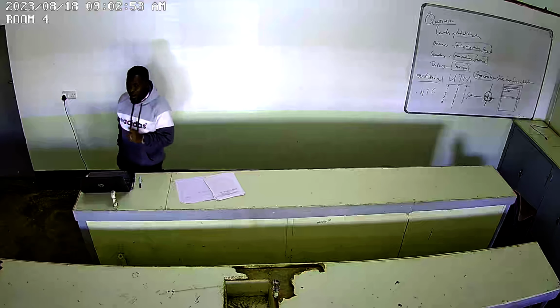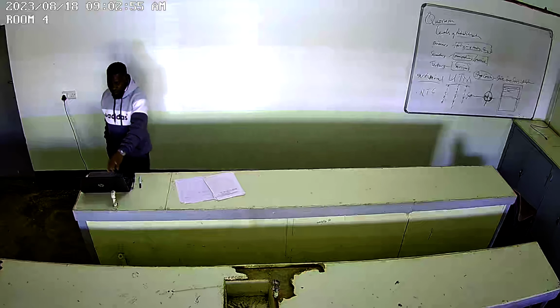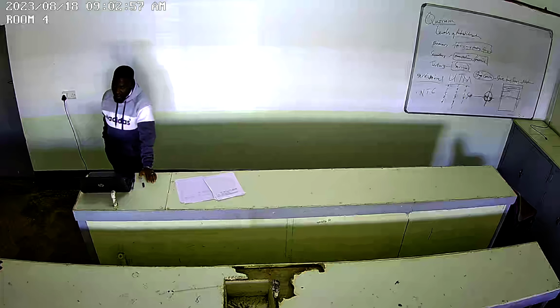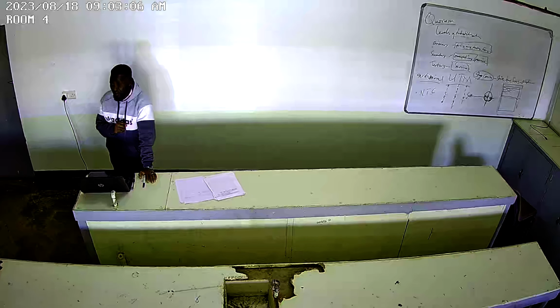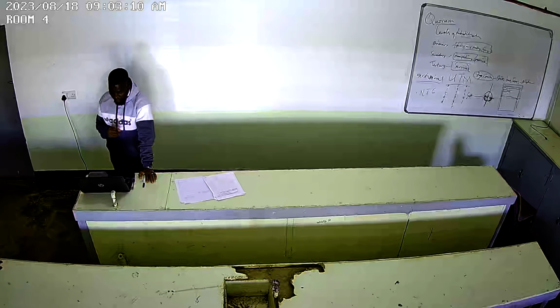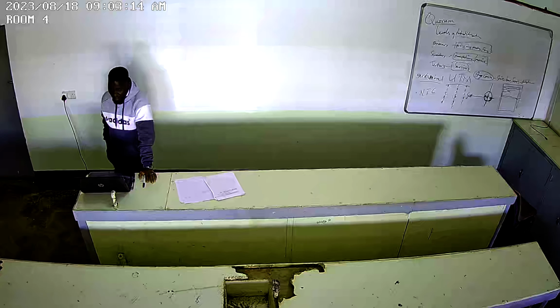So according to the rules and regulations, a meeting cannot proceed without the controlling officer. That's one thing. The meeting cannot continue without the head of the procurement unit. The meeting cannot continue without the head of accounts or that department.